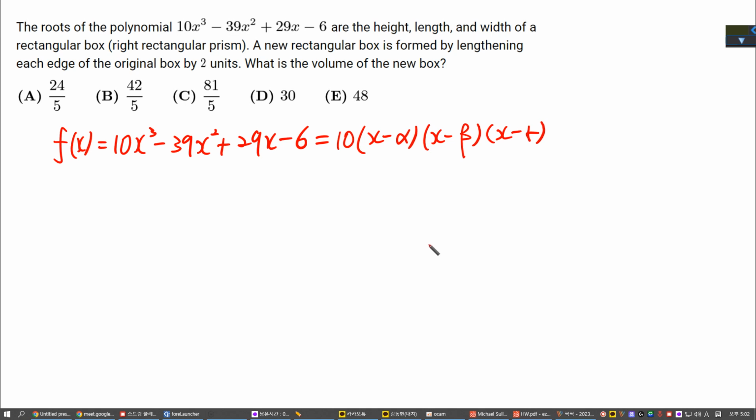So if we want to extend each edge by 2 units, that means we want to have the root like this. To have this root, we can subtract 2 from the equation like this.